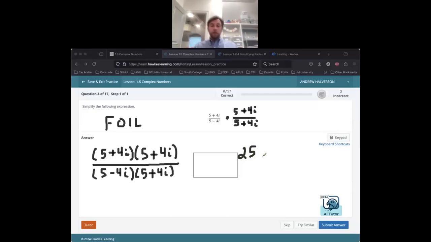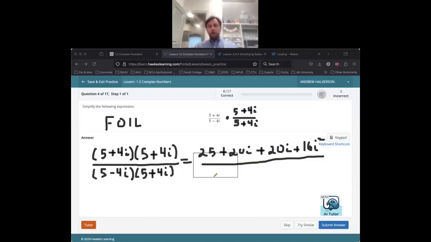25 plus 20i. I'm going to run out of room. So this becomes 25 plus, the outer is 20i, the inner is 20i, and the last is 16i squared.